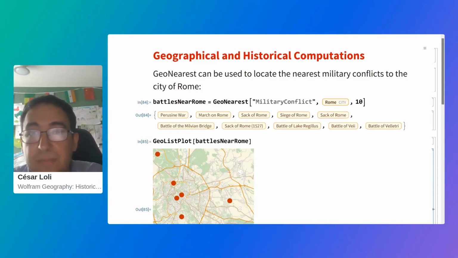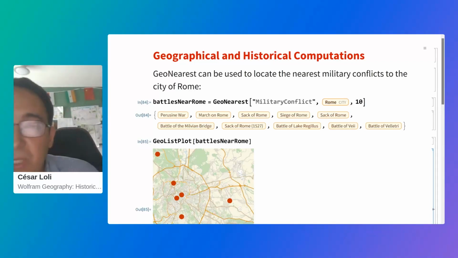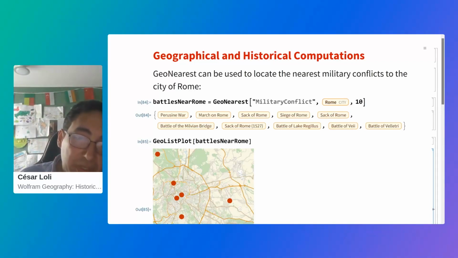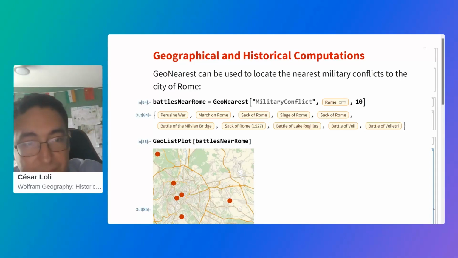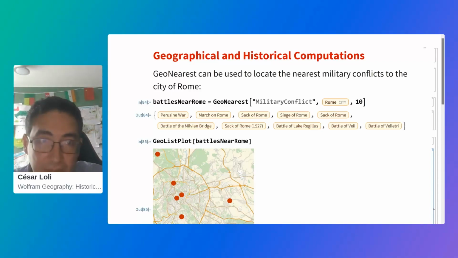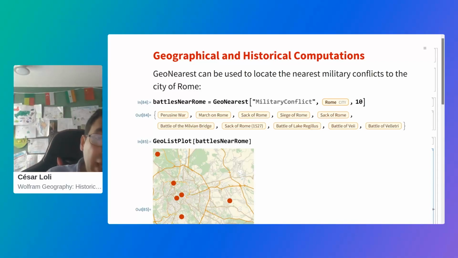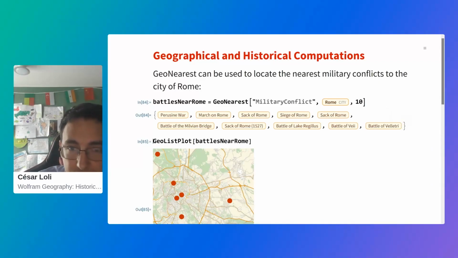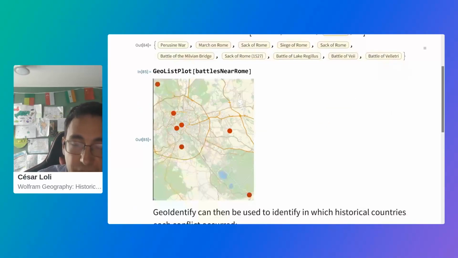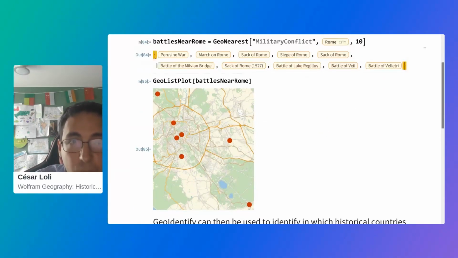Military conflicts are mostly expressed in the form of positions with a date or dates associated. So if we have a non-historical entity, such as the city of Rome, which is only considered geographic, we can calculate what are the nearest military conflicts that were fought to the city. As we can see here, these are pretty close by.